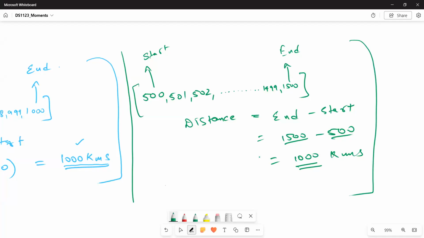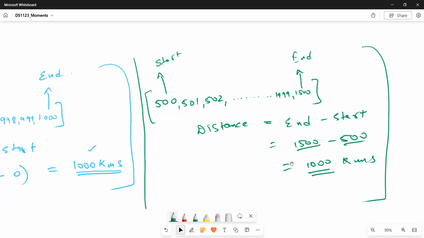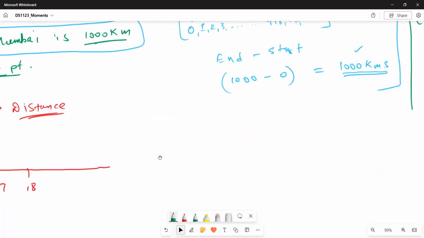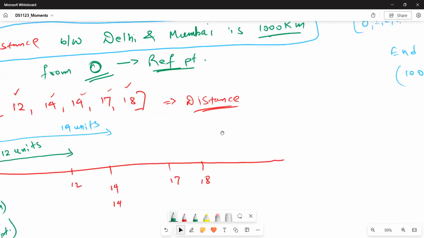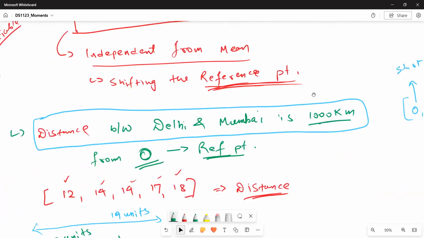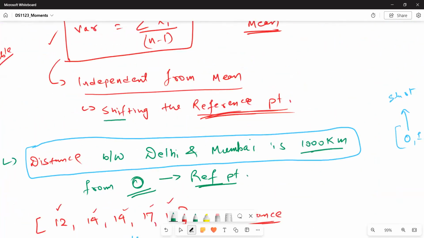So this is exactly what we are going to do in our data when I'm talking about shifting the reference point. I'll shift the reference point itself.